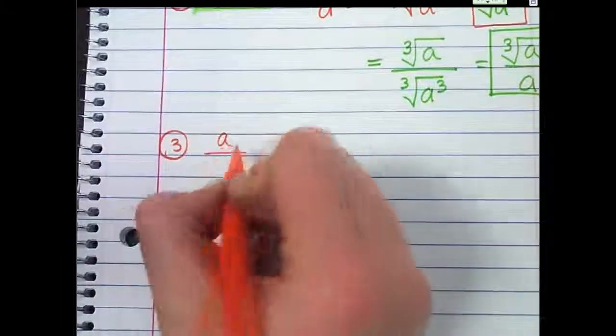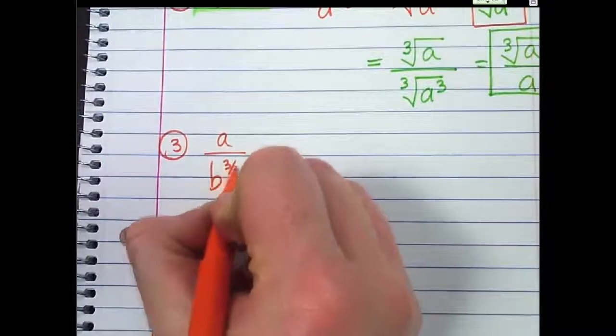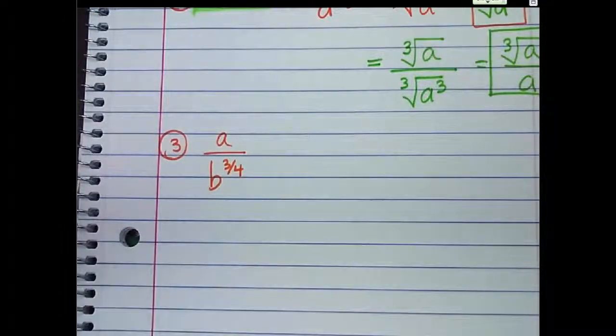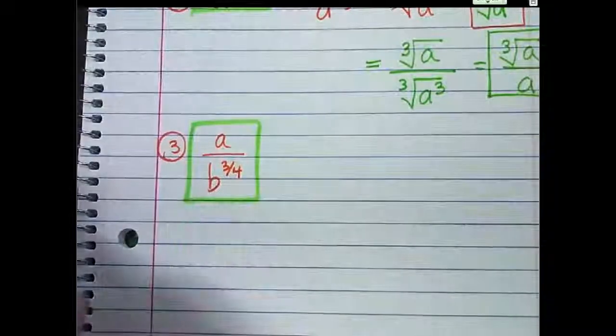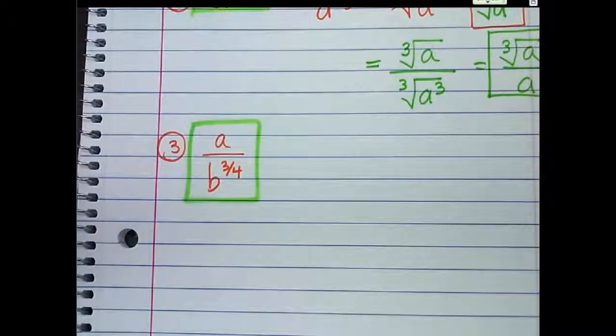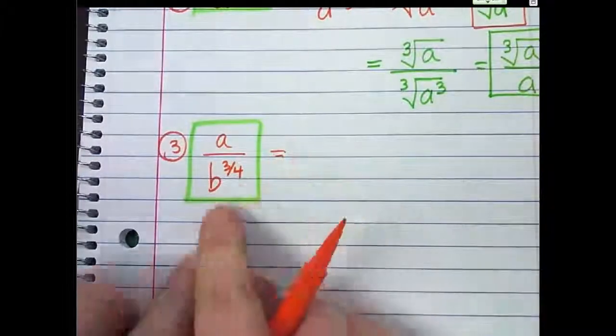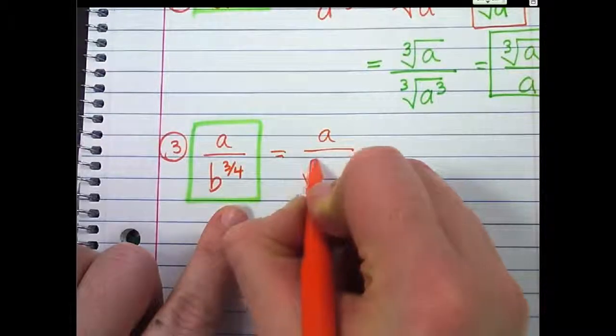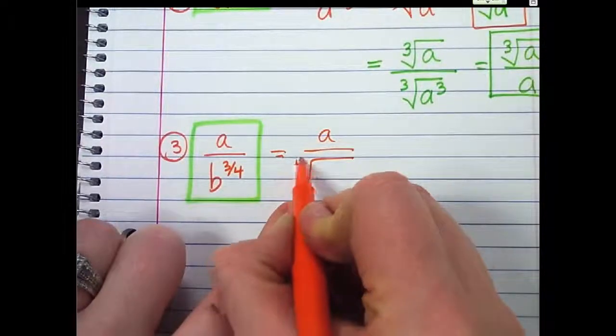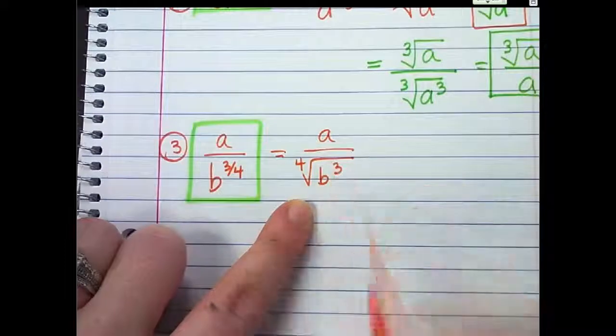Let's try another one. A over b to the 3/4. So first thing, change this to radical form. So that becomes a over, what goes on the outside? 4, and then b 3.